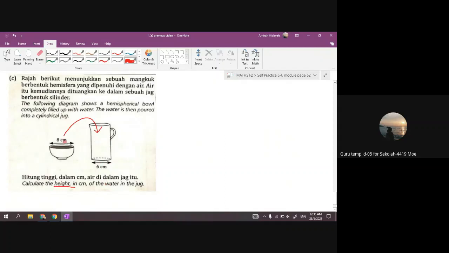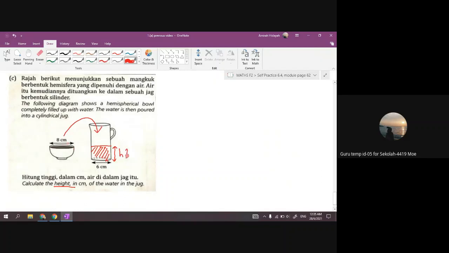Okay, so when the water inside this hemispherical is poured into a cylindrical jug ni, okay, so it is poured. So dia nak kita calculate height of the water, okay, in the jug.